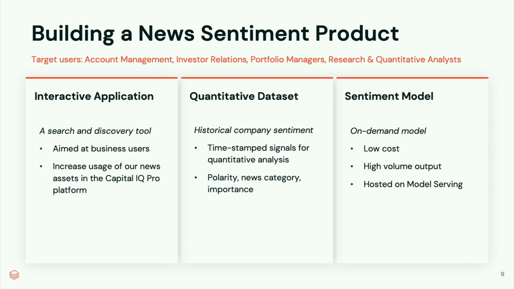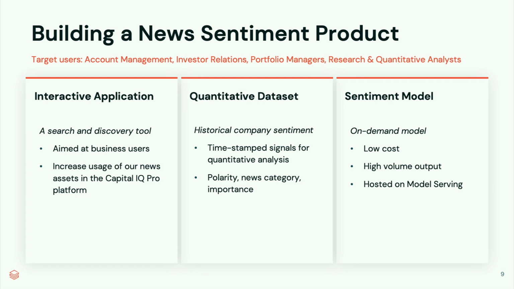And finally, we wanted to build a sentiment model that was low cost to run, and that we could run a high volume of data through frequently, because news is published every minute, and very quickly.